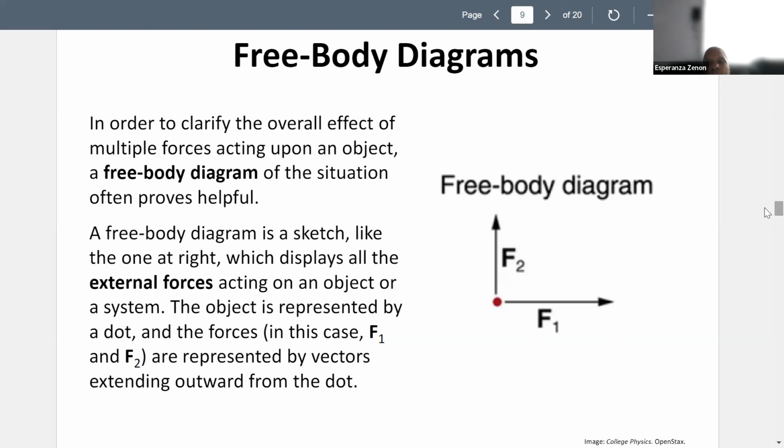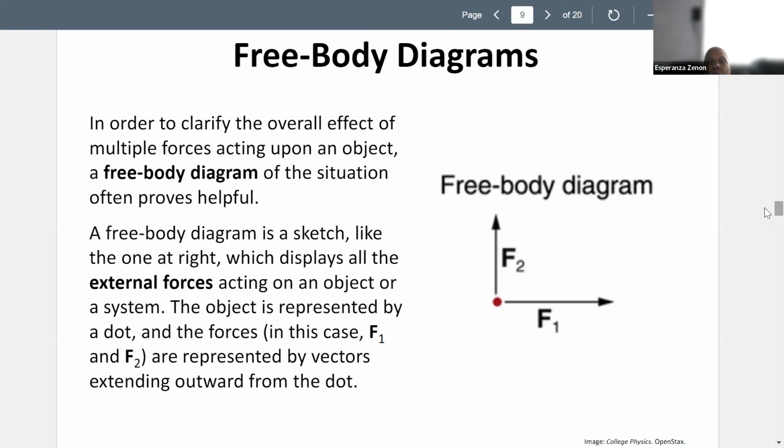And then we can show the forces acting on the object by drawing vector arrows extending in whatever direction the force is acting. So in this particular picture, you see we have two forces acting on our object. Imagine that that dot represents a car.